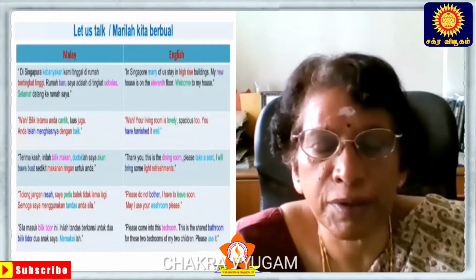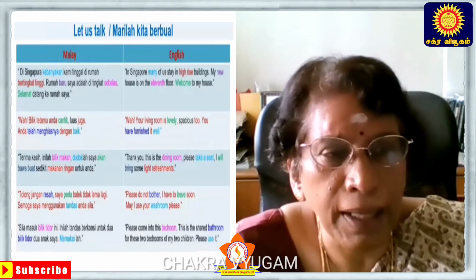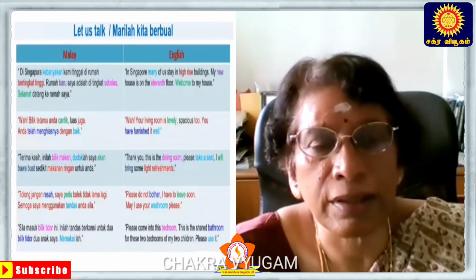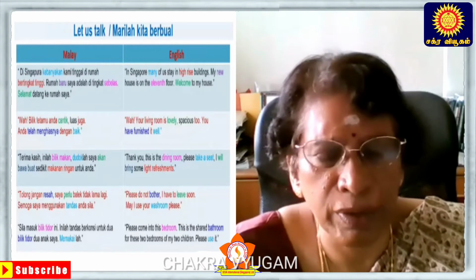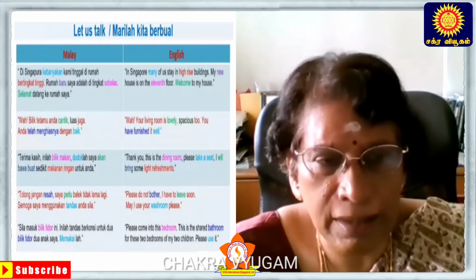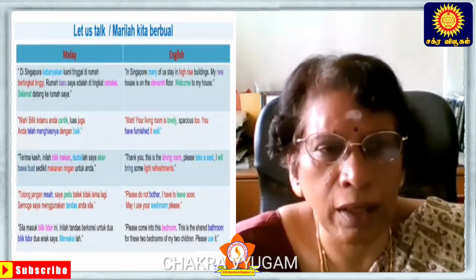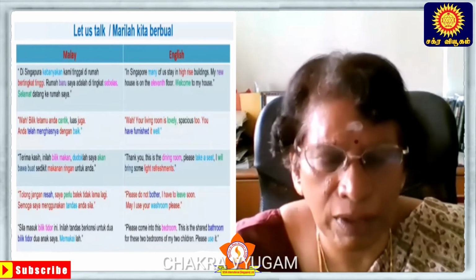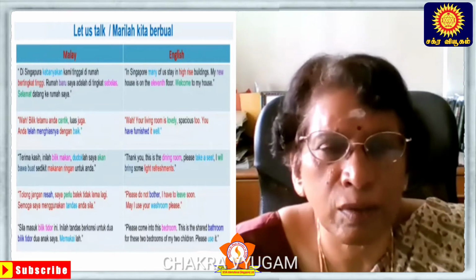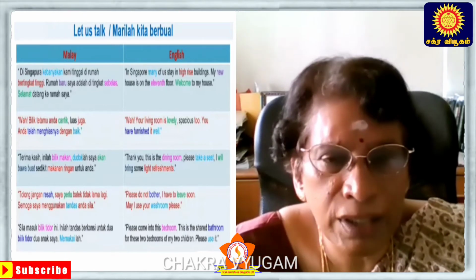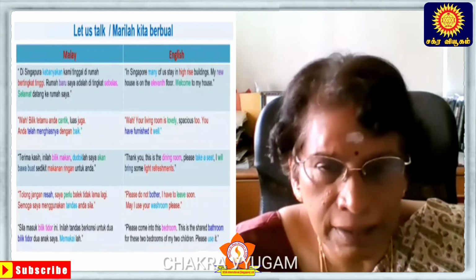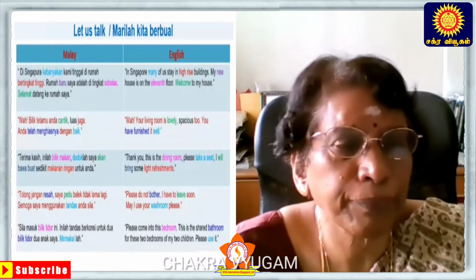This is the reception room or living room. Tetamu is guests. So actually it's the reception room, but in English we don't say reception room to our houses, we say living room. Cantik is lovely. Luas juga. Luas is spacious, as in wide or big. And you have furnished it well. Well is baik, dengan baik. Menghiasnya is furnished it.